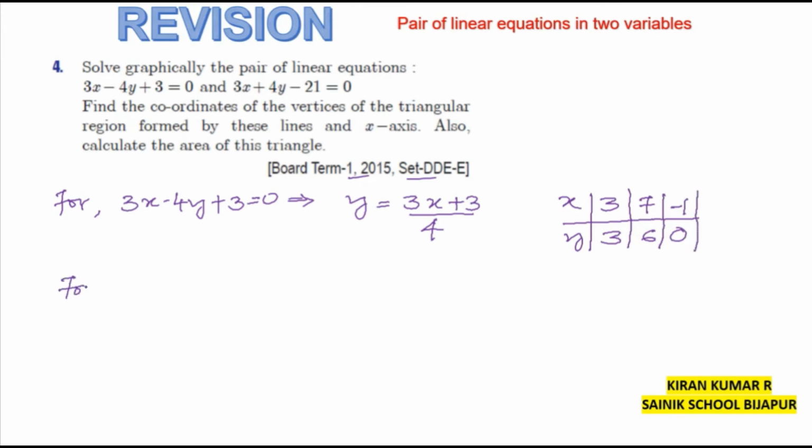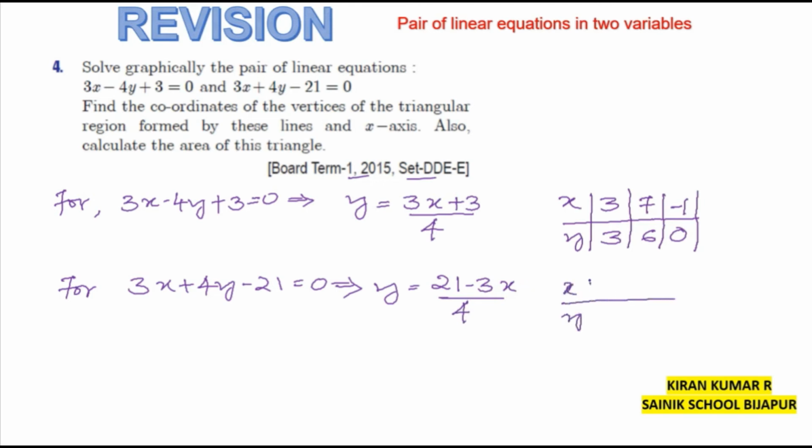For the second equation, 3x plus 4y minus 21 equal to 0, y will be equal to (21 minus 3x) divided by 4. Let me find values of y for respective values of x. If you take x as 0, we get 3.